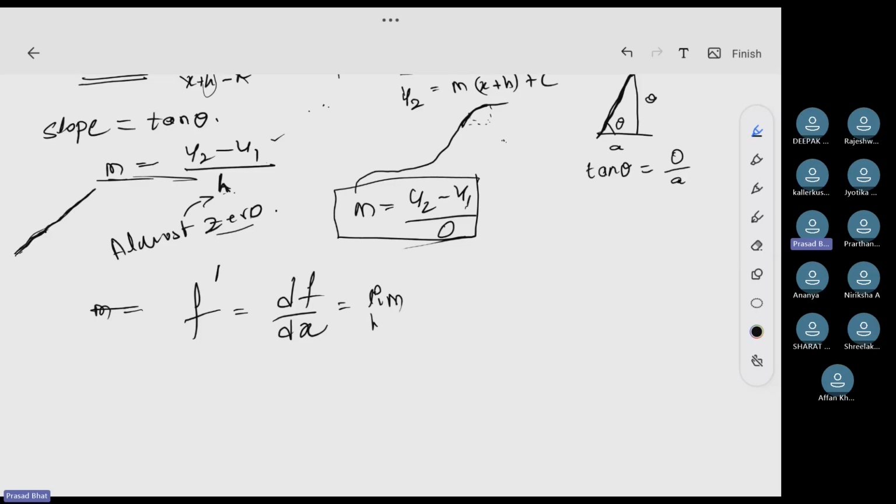Limit h tends to 0. And here what are we doing? f of x plus h minus f of x divided by h. You can relate to this part, right?